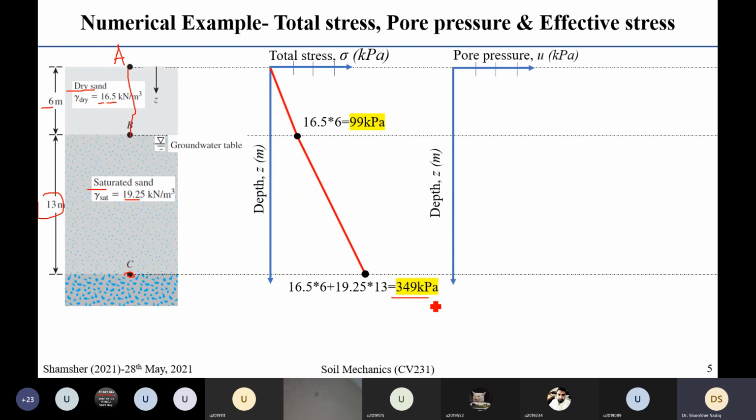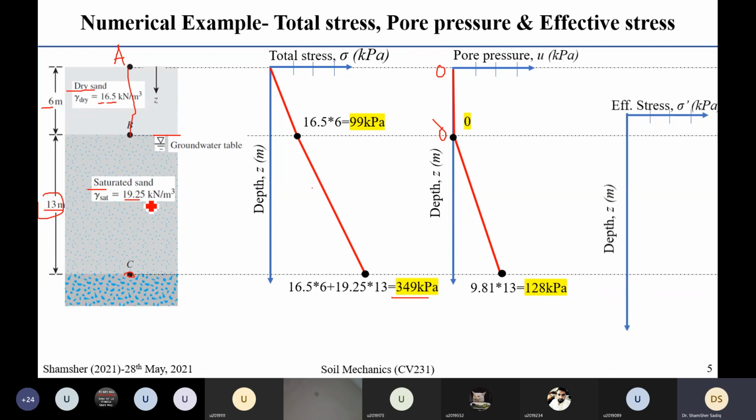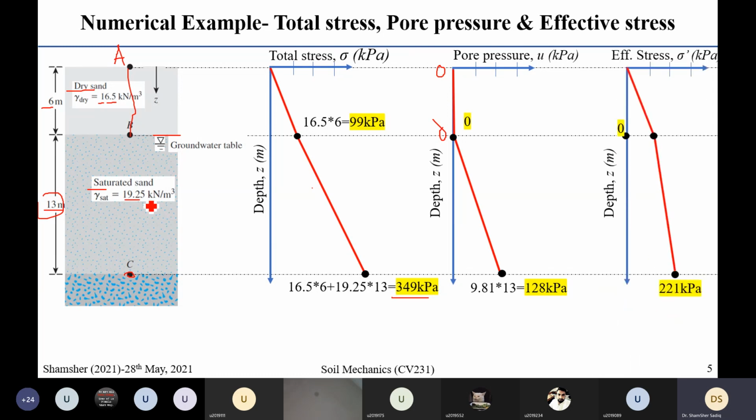Now let us calculate the pore water pressure. Pore water pressure at point A will be 0. Pore water pressure at point B will also be 0 because the groundwater table is located here. But the pore water pressure at point C will be 13 multiplied by 9.81, because the voids of the sand are filled with water, and to calculate the effective stress you are simply going to deduct.